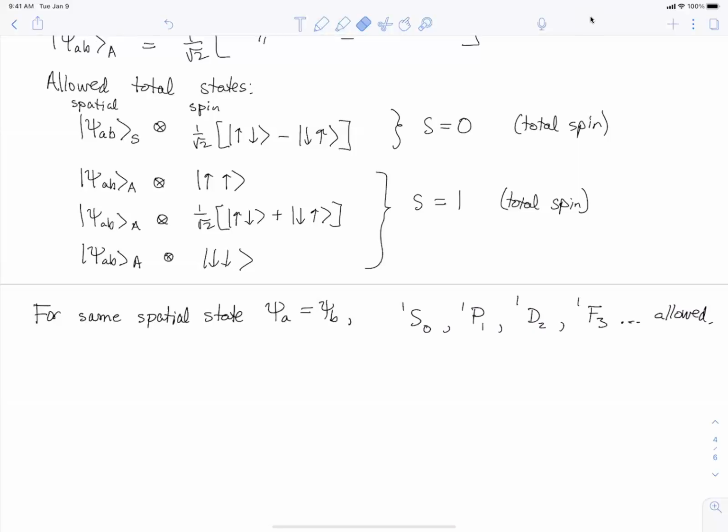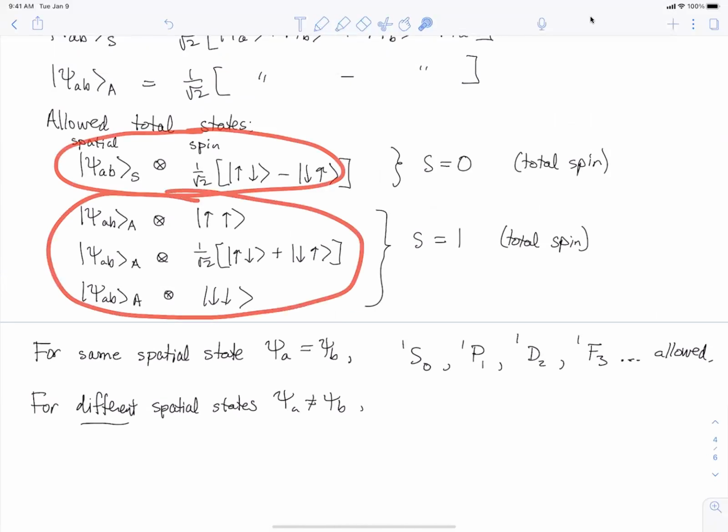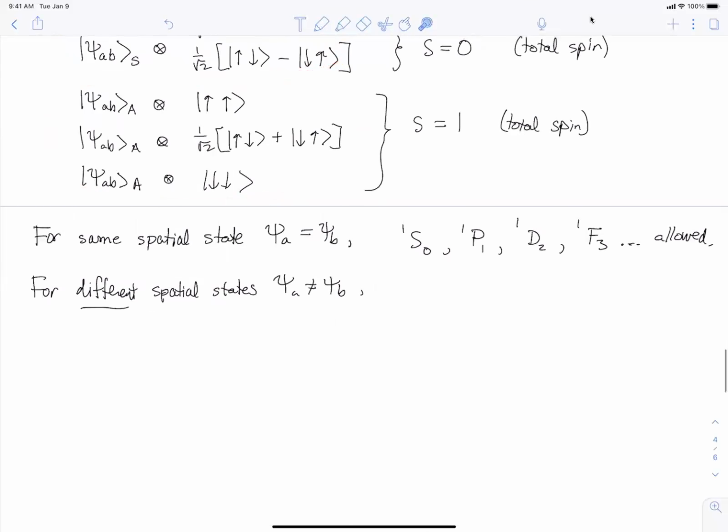For different spatial states, then I can have both symmetric and anti-symmetric combinations. So if psi A is not psi B, then I can do this with spin 0, or I can do this with spin 1. And so I'm going to get all the same allowed things, but I'm going to get some additional combinations that have total spin 1, which means the pre-superscript is 3.